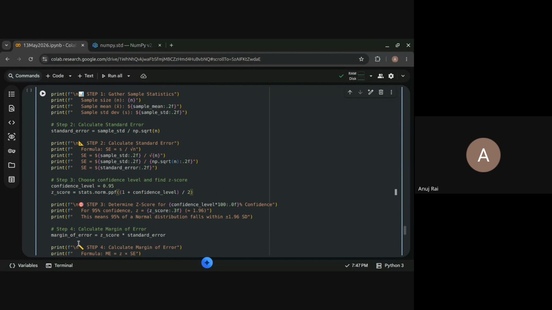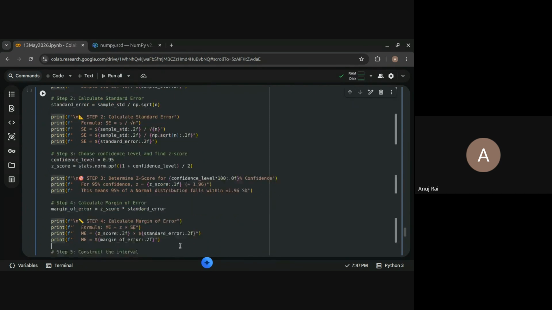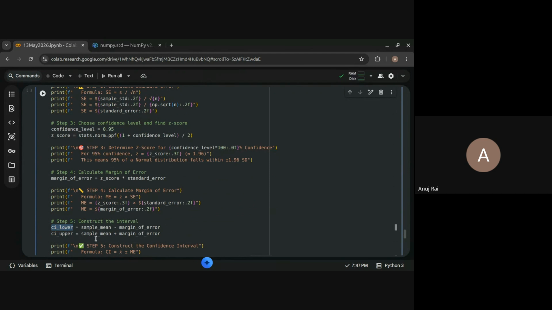And then after the z-score, you calculate the margin of error, that is z-score times the standard error. The standard error is the sample standard deviation divided by the square root of n. To calculate the lower bound of the confidence interval, you subtract the margin of error from the sample mean. For the upper bound, you add the margin of error to the sample mean.